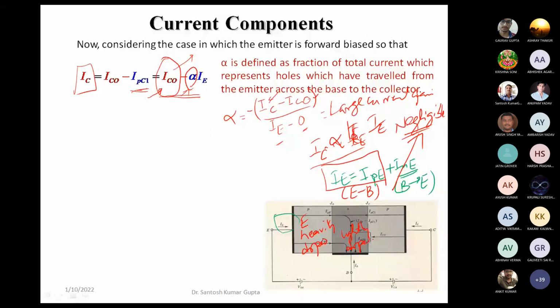So the ratio of these two changes in the current, the change in IC divided by the change in IE. Okay, so there is a large change in the IC when there is a large change in the IE. So this ratio is defined as the large signal current gain.